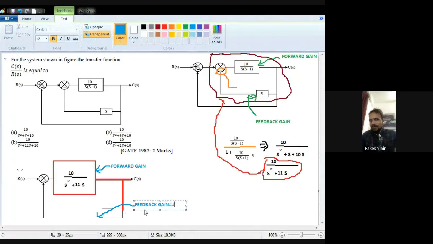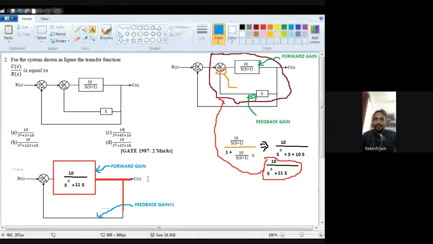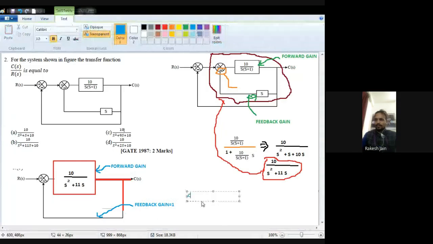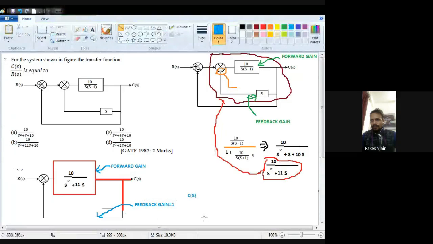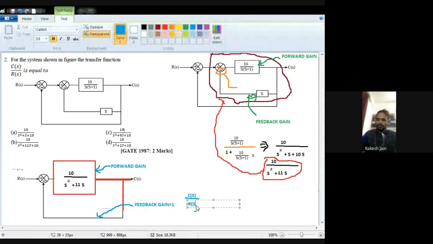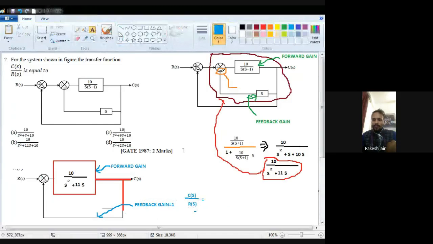So now how to solve the question? Because we have to find out the transfer function Cs upon Rs. Cs upon Rs is equal to forward gain upon 1 plus or minus forward into feedback, the rule is the same. What is the forward gain? Forward gain is 10 upon s square plus 11s.